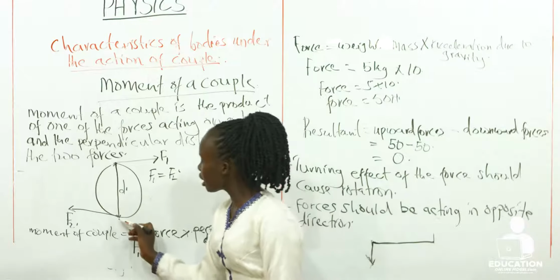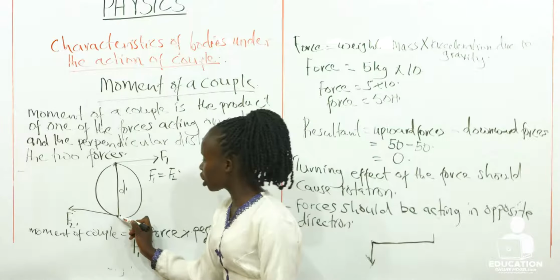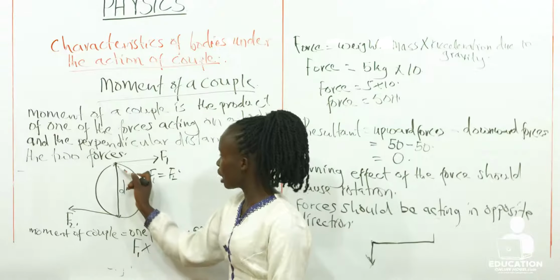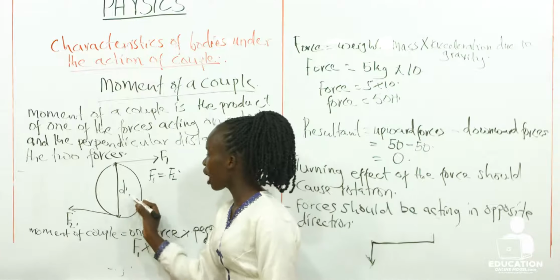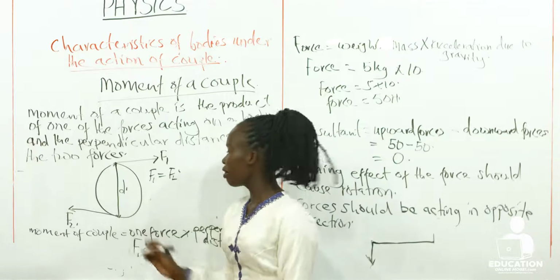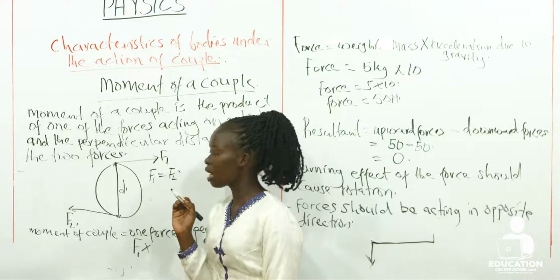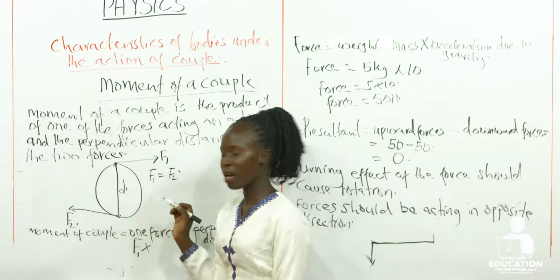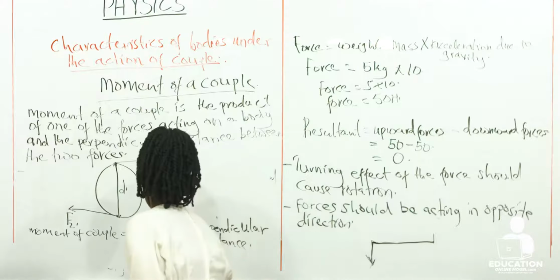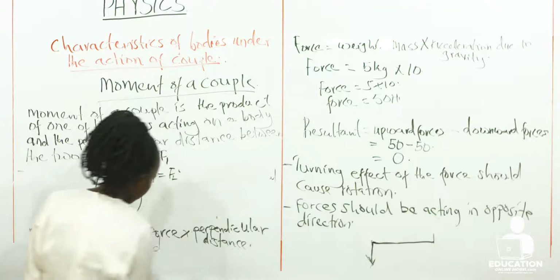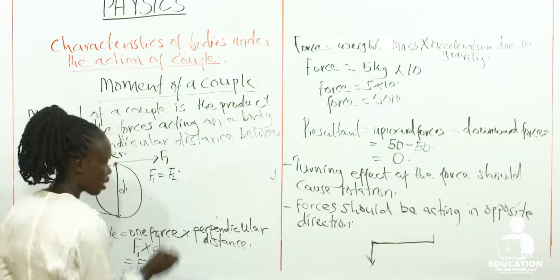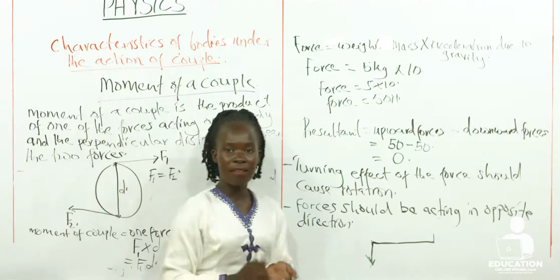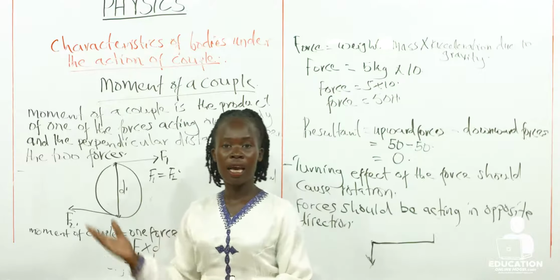So the distance between the point of application of F2 and this is what we are considering, and in this case we have it as our D. This D means the diameter of the circle. So our moment of couple will be F1 D, if they have given you the diameter.